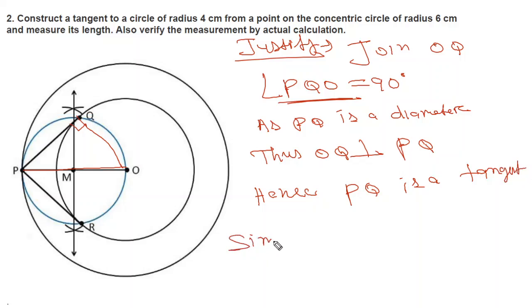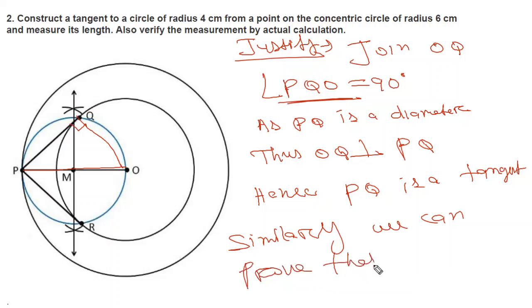Similarly, we can prove that PR is also a tangent. Now we have proved that our construction is valid. We have justified our construction.